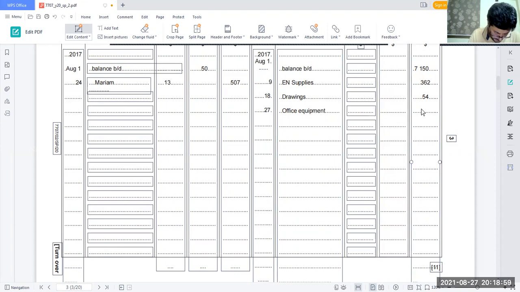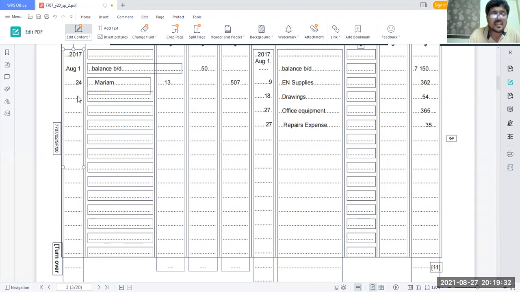Amount is 365 and the same date, 27, is repairs expense, 35. Total 400 payment was made, 365 office equipment, 35 for repairs. Okay. Cash sales 3224. So we received cash on which date?